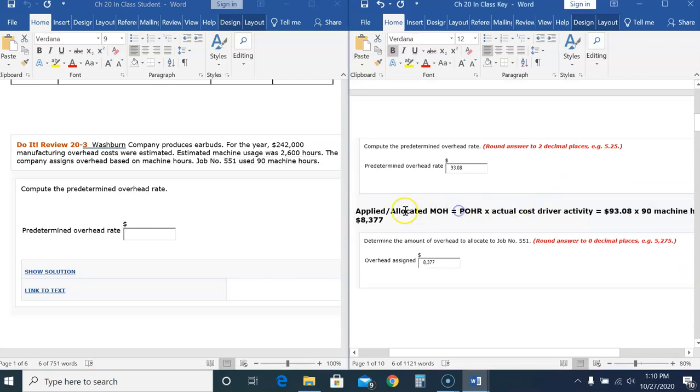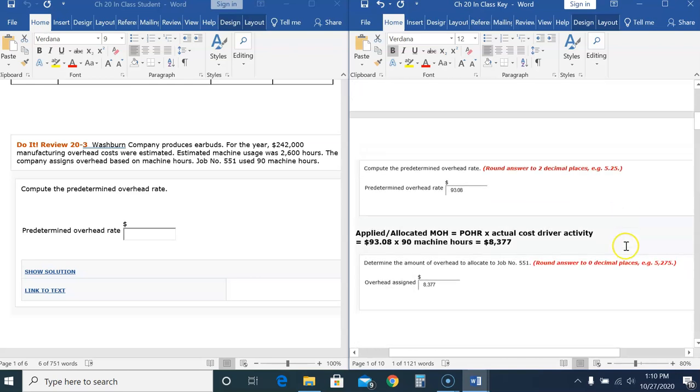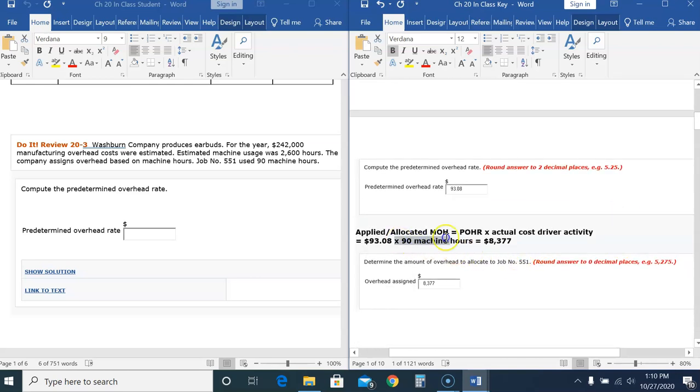To allocate my overhead, we are going to multiply our predetermined overhead rate, which we just calculated at $93.08 per machine hour, by the actual number of the cost driver. Actual machine hours were 90. Predetermined overhead rate times the actual machine hours, $8,377 would be the amount of overhead that I would allocate to job 551.